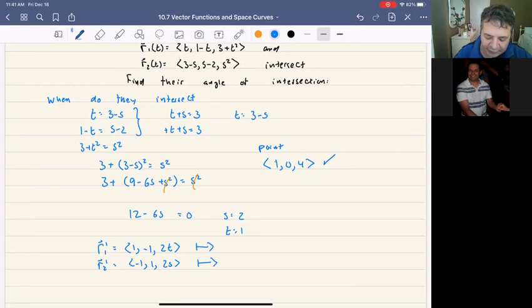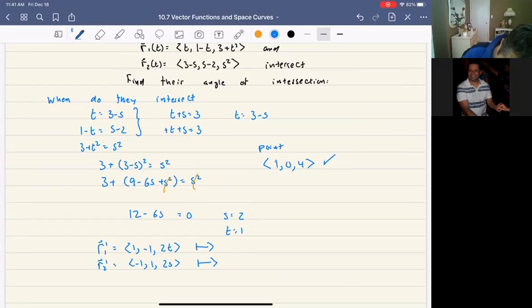I'm going to plug in t equals 1 and s equals 2 to find the derivative at the point, okay? So that's the direction in which these curves are pointing at that point in time, okay?